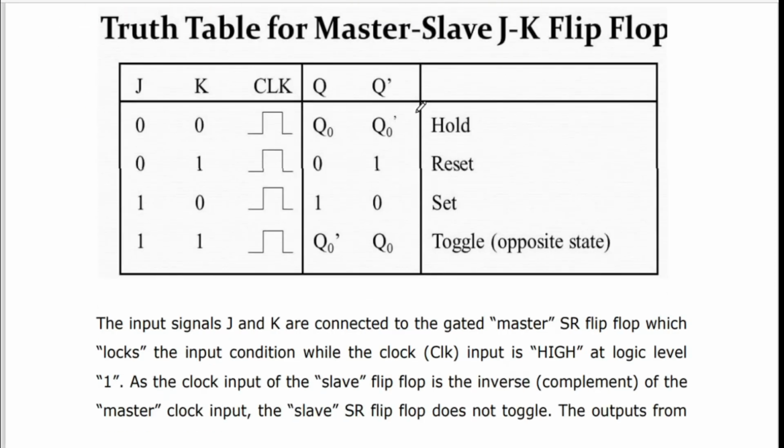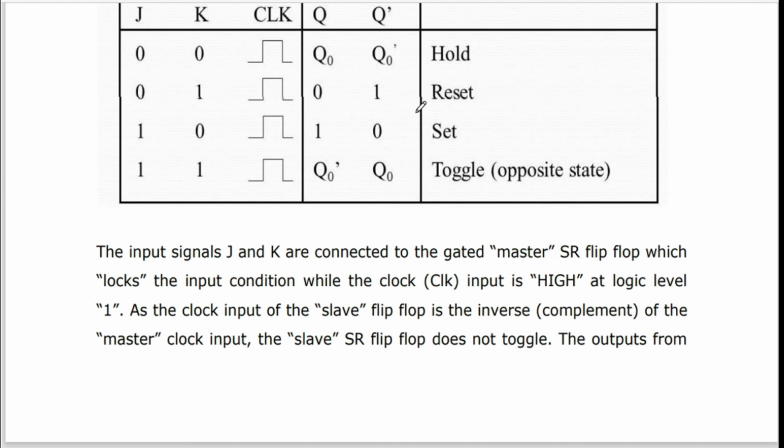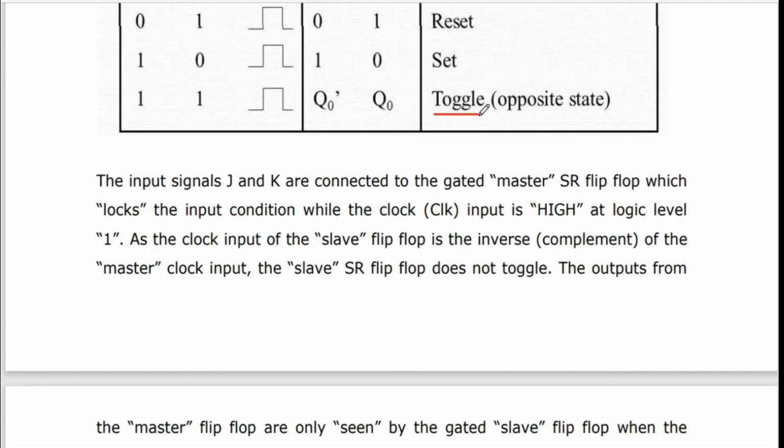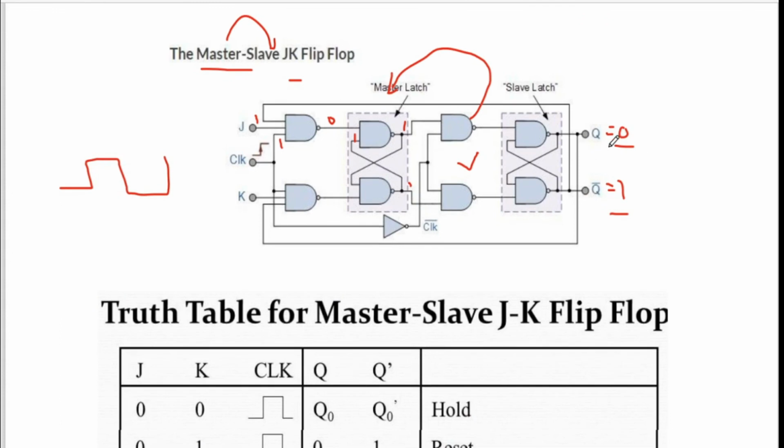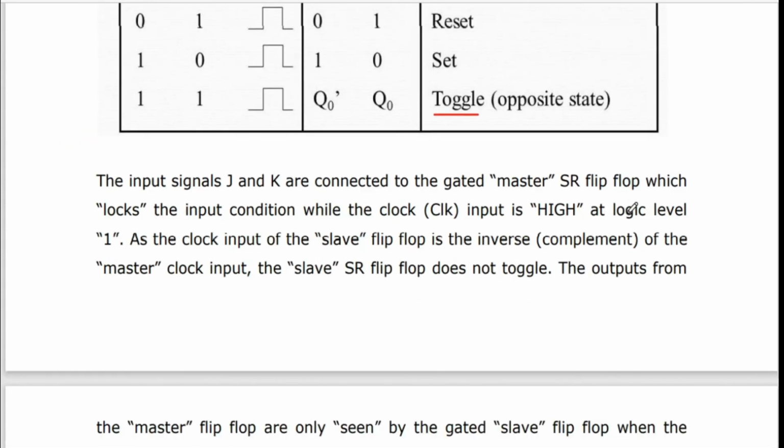This is the truth table we have for master and slave, but here we have the necessary timing delay, because of which we can easily find the value of Q and Q bar for a particular time period. The input signals J and K are connected to the gated master flip-flop, which locks the input condition while the clock input is high at logic level 1.